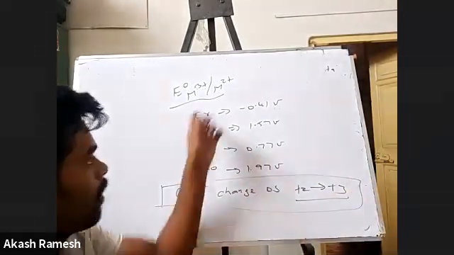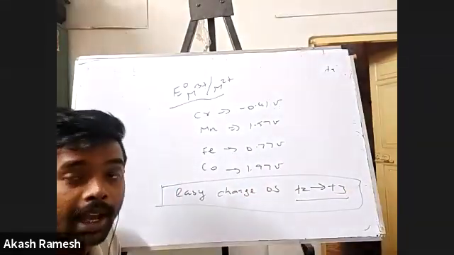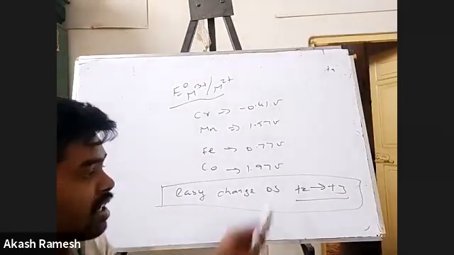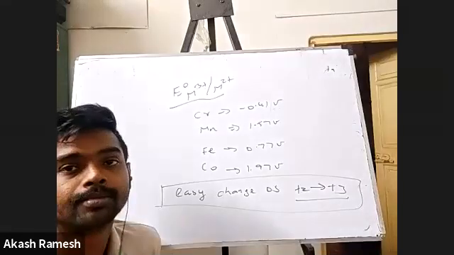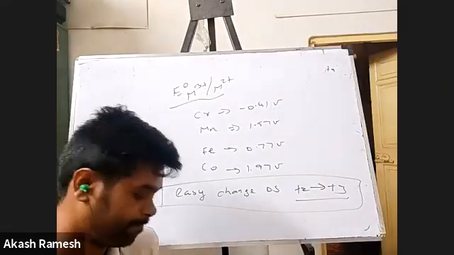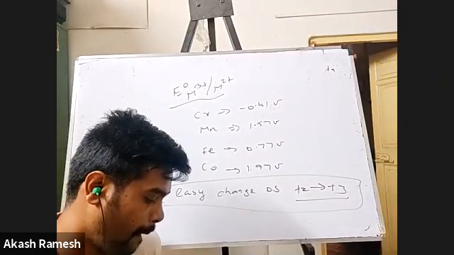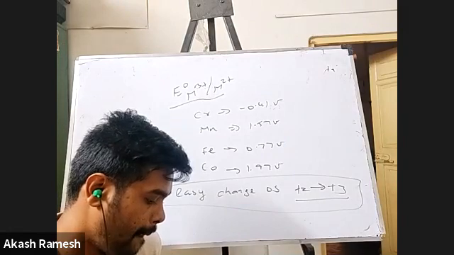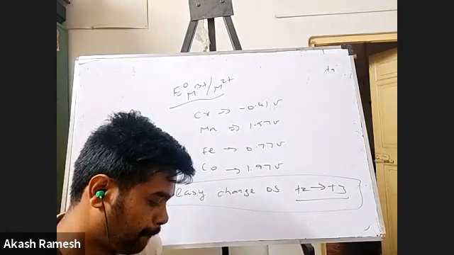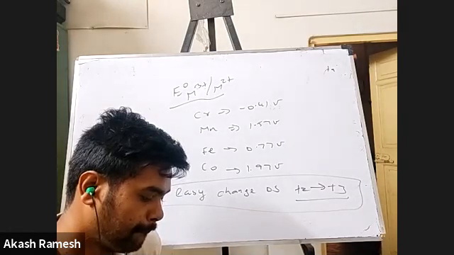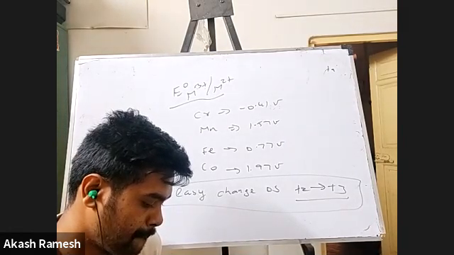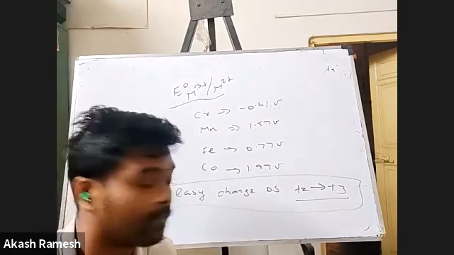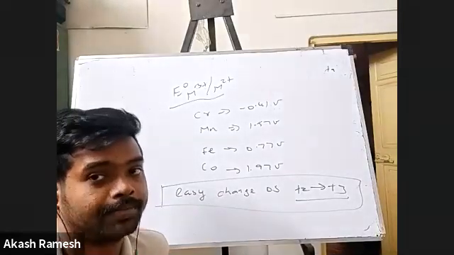Which element among these four can easily change its oxidation state from +2 to +3? Now +2 to +3 is oxidation. Hope you remember.